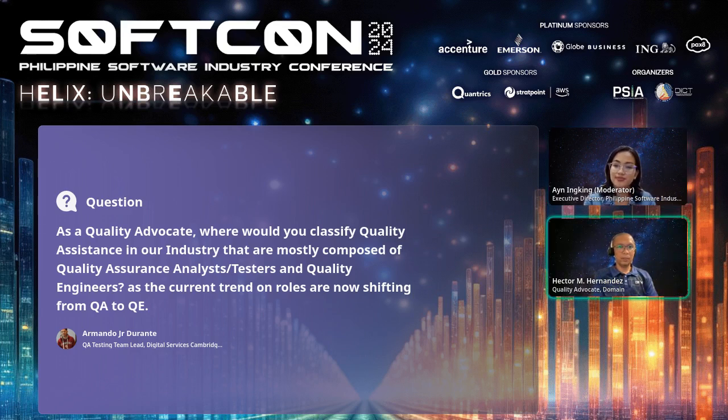Well, I believe that QEs, quality engineers, the ones that are able to write automated tests, are still in the model of quality assurance. The quality assistance model, in my mind, is different. It's like shift left on steroids.